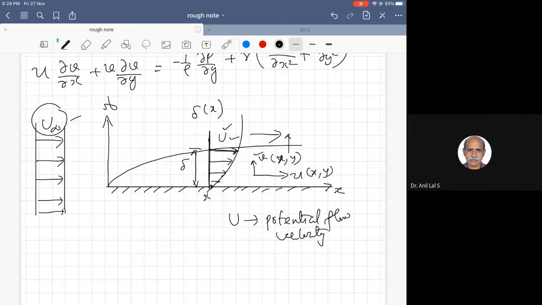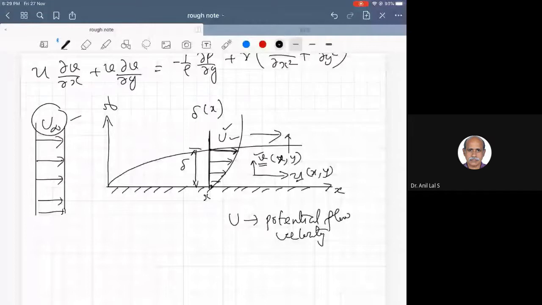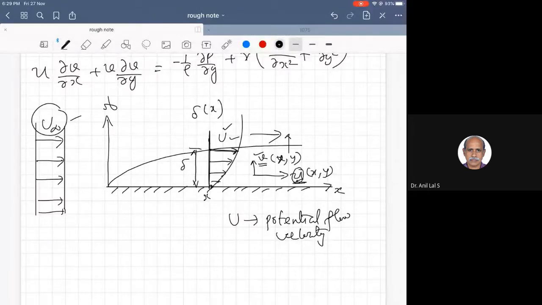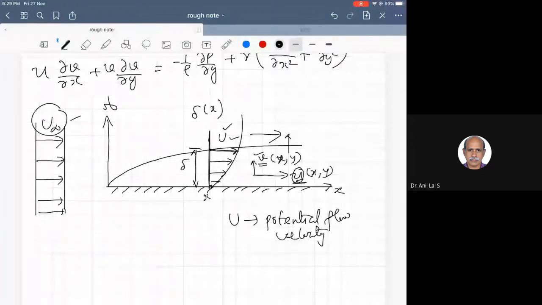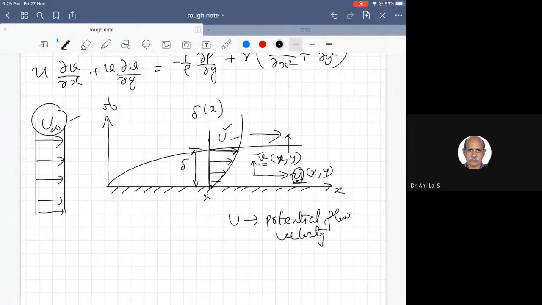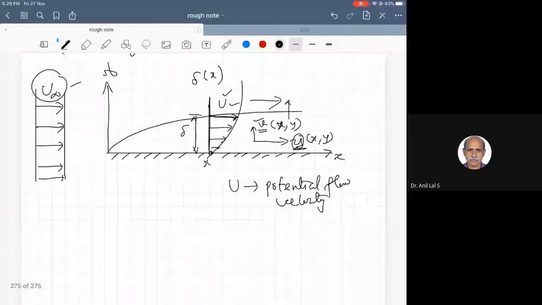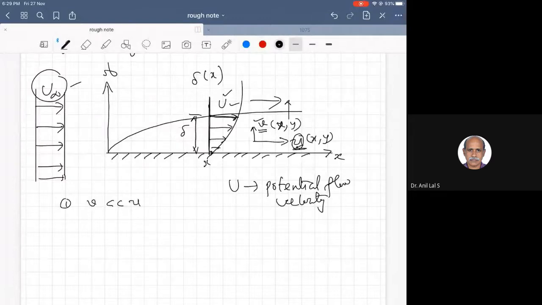This is a vertical component of velocity, and this is the u, the velocity component along the direction of the body surface, parallel to the body surface. That is small u and small v. So the Prandtl boundary layer assumptions are: one, v is much smaller than u. The vertical component of velocity is much smaller than u.